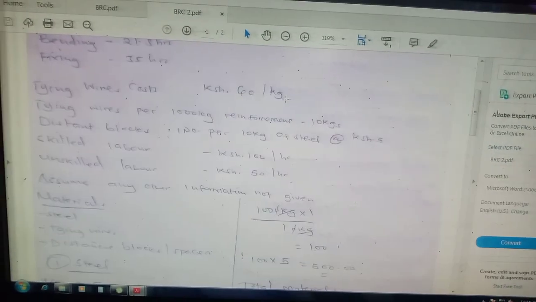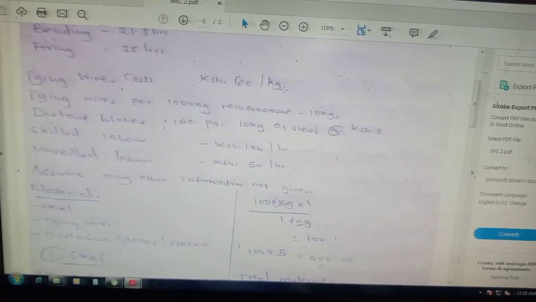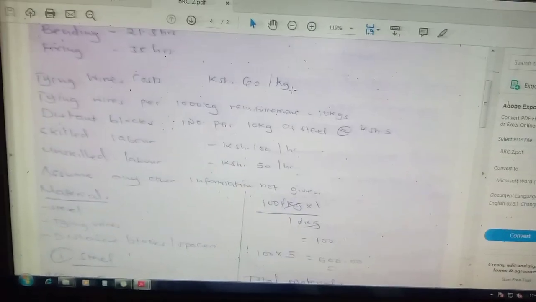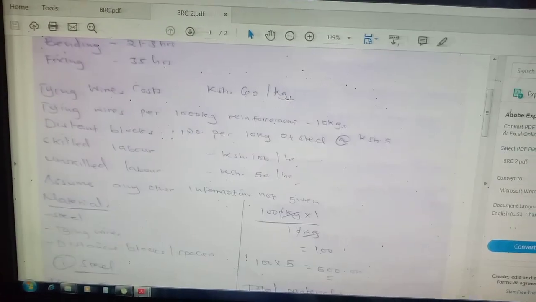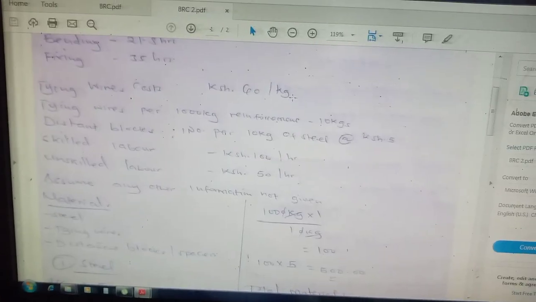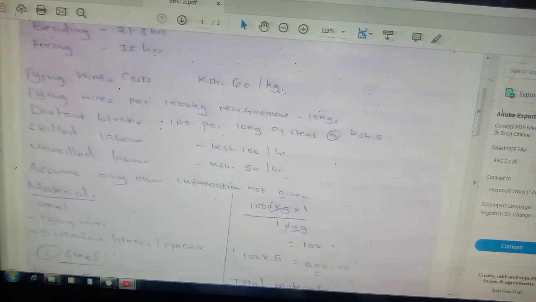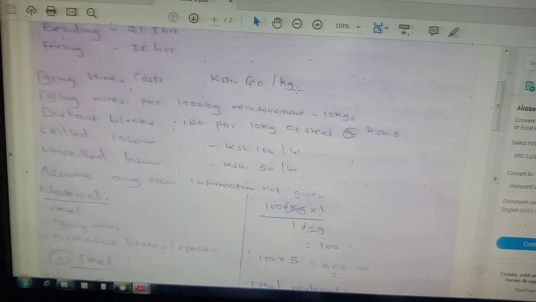Then tying wires per 1000 kg reinforcement is 10 kgs. So there we've been given the tying wires that we will use for the work. So in each and every 1000 kg reinforcement, you'll use tying wires of 10 kgs.